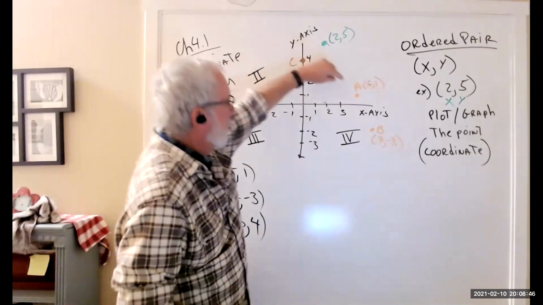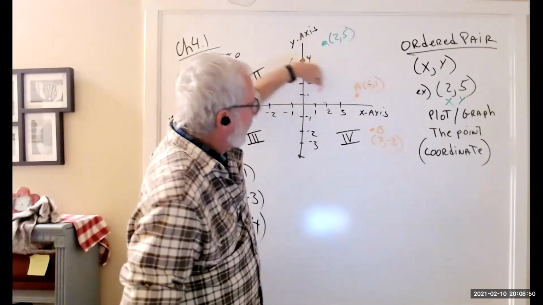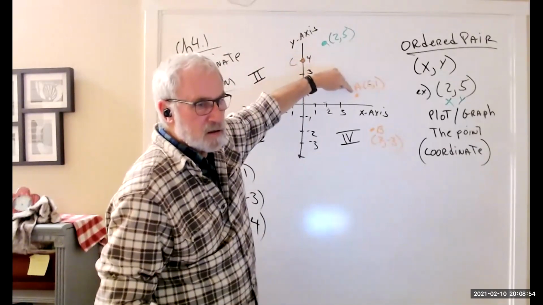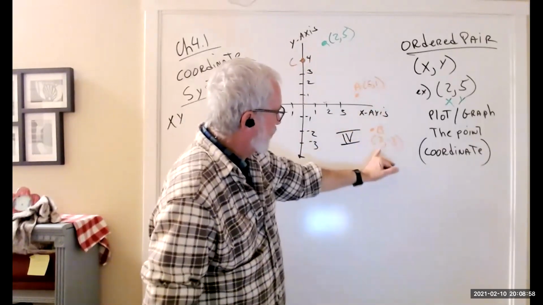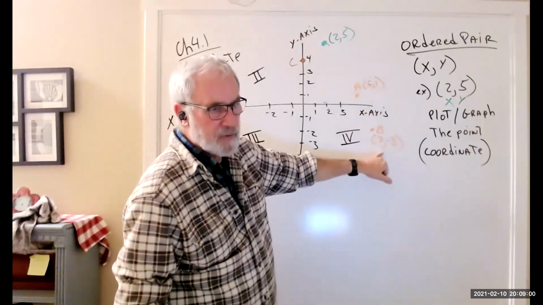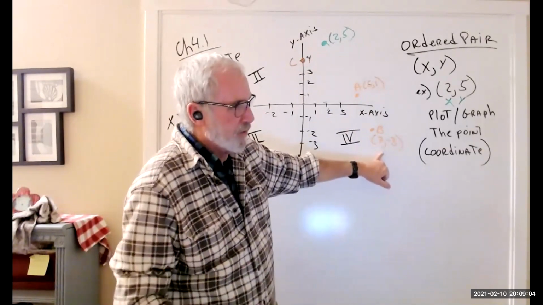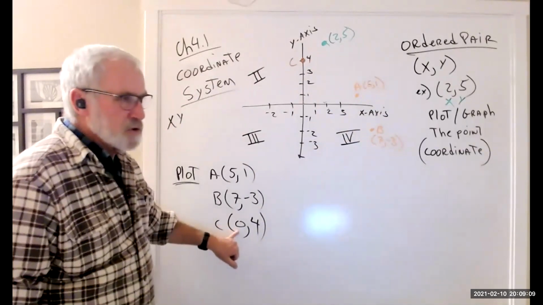So I'm not going to redraw it right now, but A is out here. You go over 5, up 1. That's point A. Okay. B went over 7, down 3. That would be point B right about there. And if you came close, I don't care. Don't worry about accuracy right now. C confuses people.